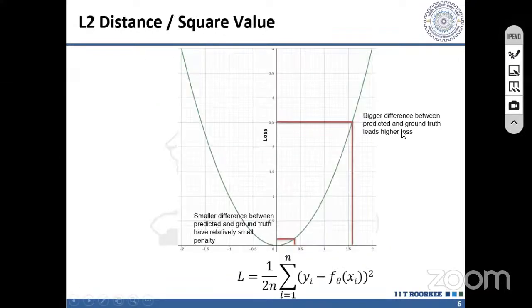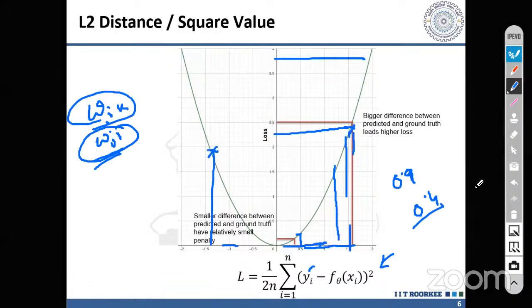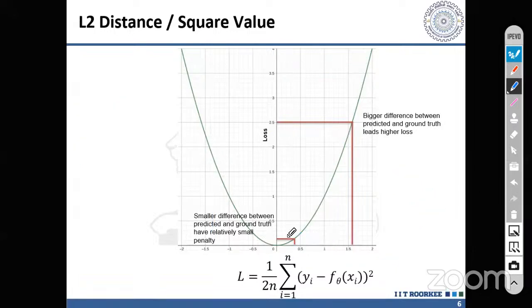Here it is mentioned that a bigger difference between predicted and ground truth leads to a higher loss. If I'm considering L1 loss, the loss will be simple. But when I'm considering squared loss, the loss will be large.